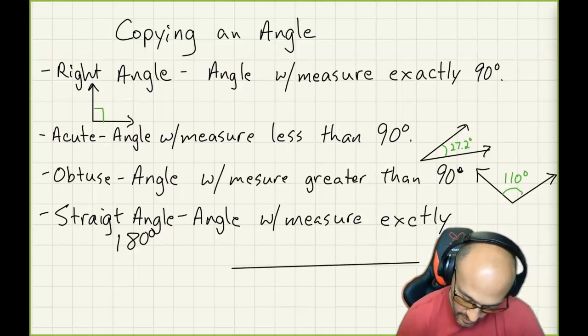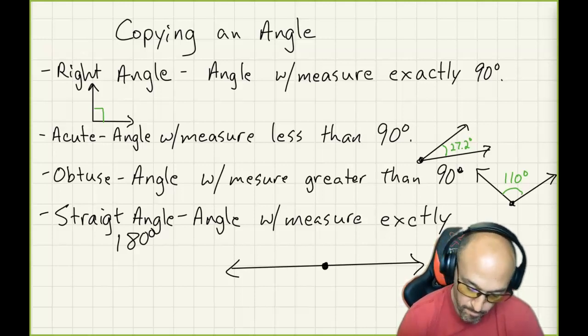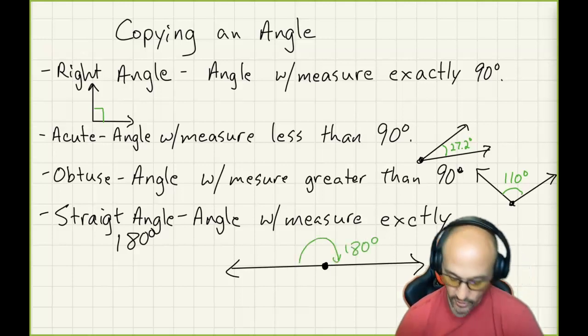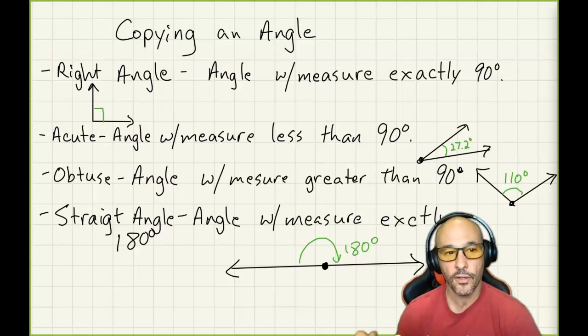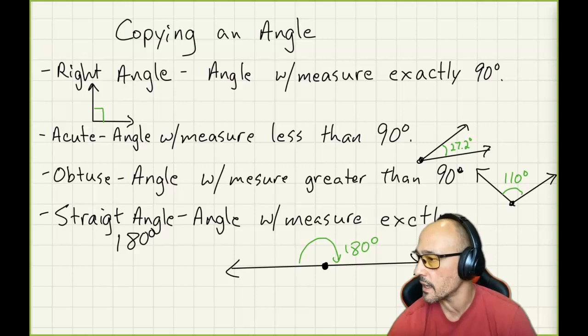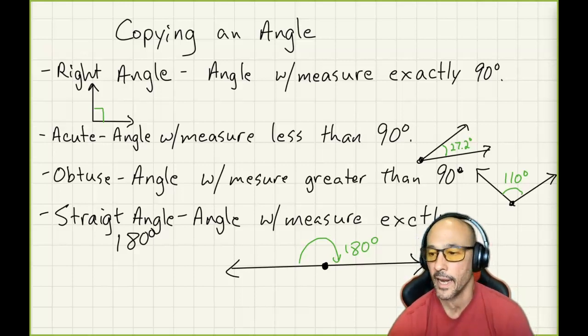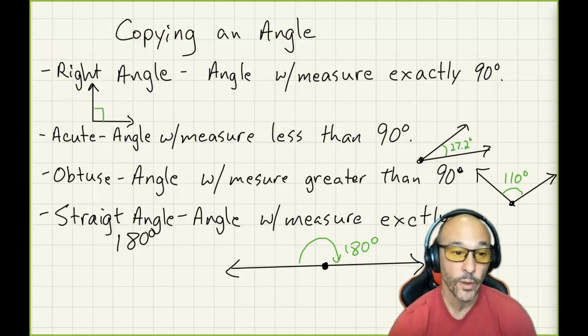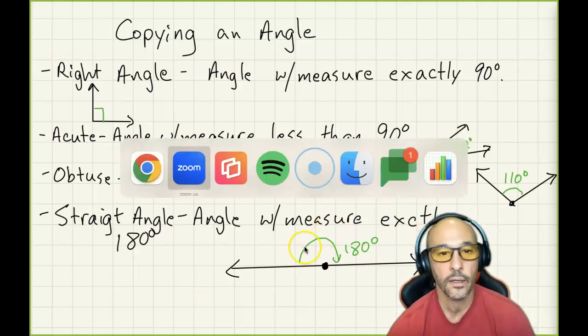Here's the vertex, and this then is 180 degrees. So those are the four kinds of angles that we need to know about when we're thinking about copying an angle. We don't actually have to know those definitions when we're copying an angle, but I think it's useful, and we need to know them anyway.